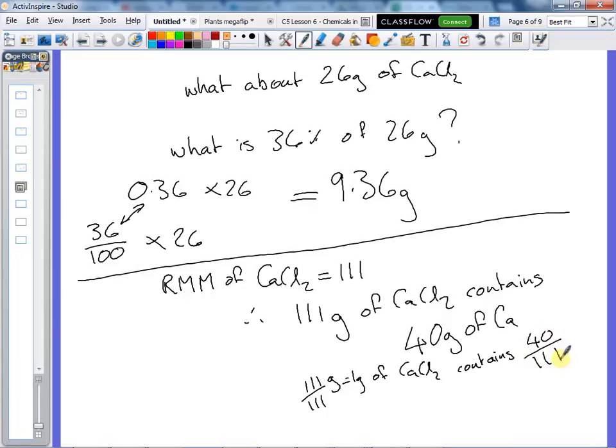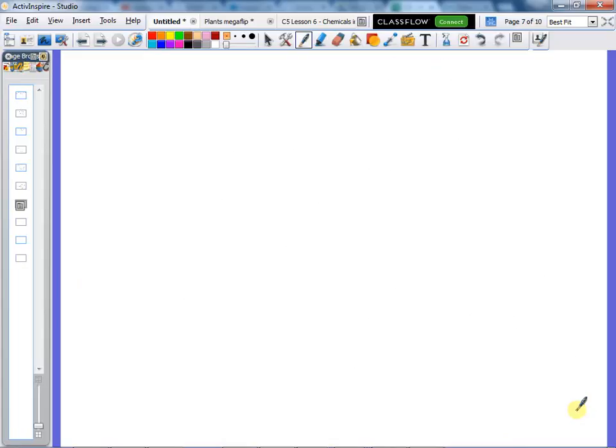All I've done here is divide both sides of the equation by 111. That would give you how much calcium you could extract from 1 gram, and then you times that by 26, and that also comes out as 9.36 grams. Okay, so that's fine, and you'll have more practice of that.